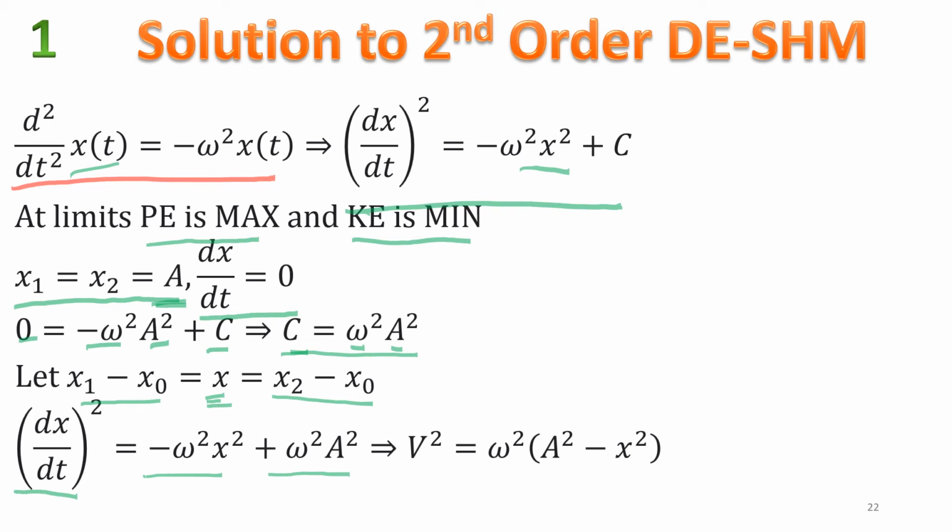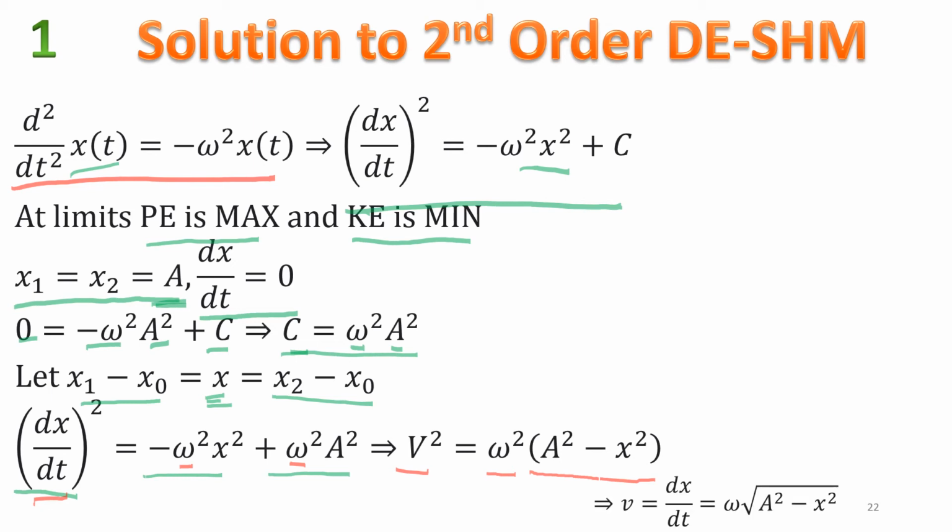And this dx by dt is velocity. So velocity square is equal to omega square. We have taken omega common, which is appearing on both the terms. So omega square into a square minus x square inside the bracket. So we are trying to simplify this equation and trying to extract some physical meaning out of it.